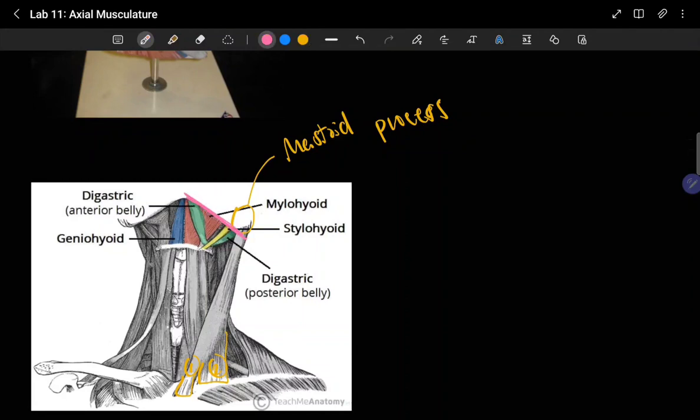So up top, we have the mandible. This is going to be our sternocleidomastoid. And then we are just going to draw a midline through that triangle. So basically we've created two smaller triangles here. Not a big deal right now. It's just geometry. So within these triangles, let's look at just one of them.